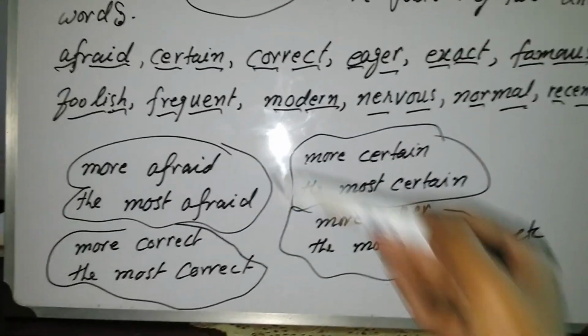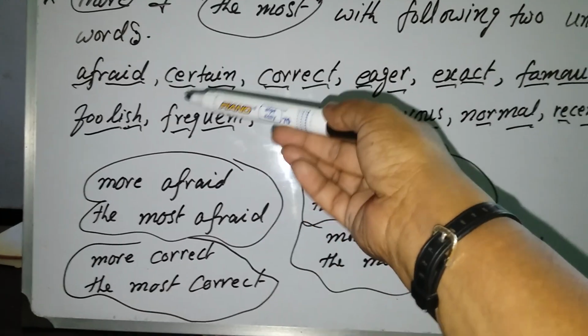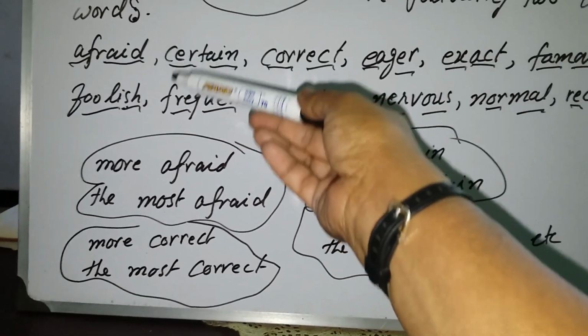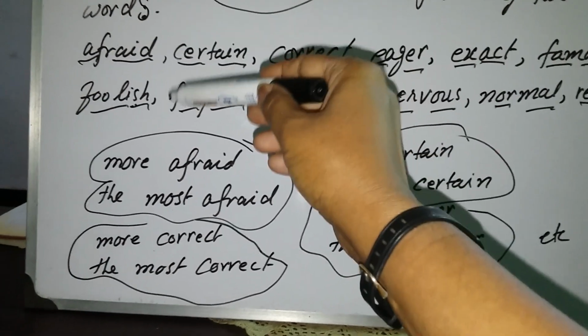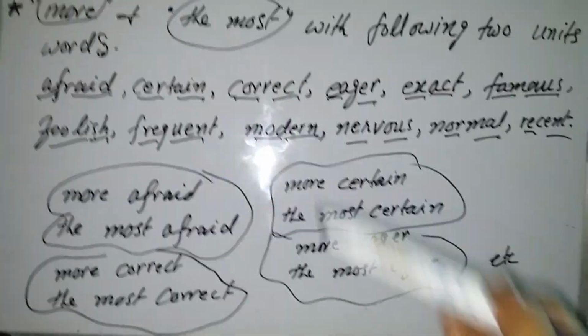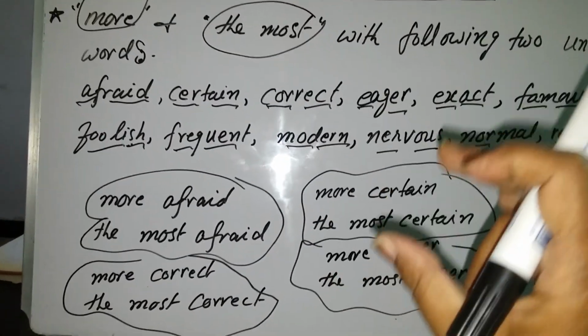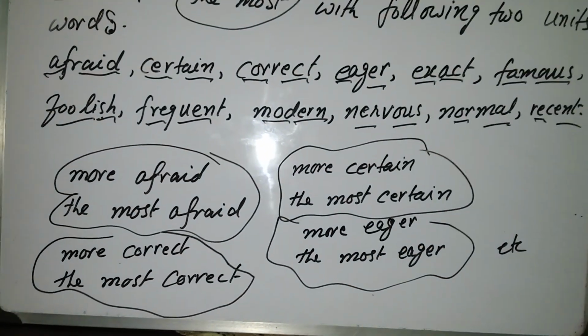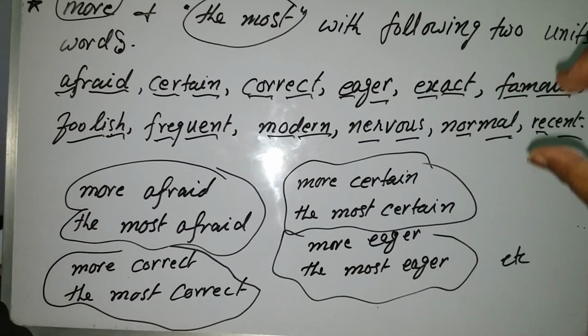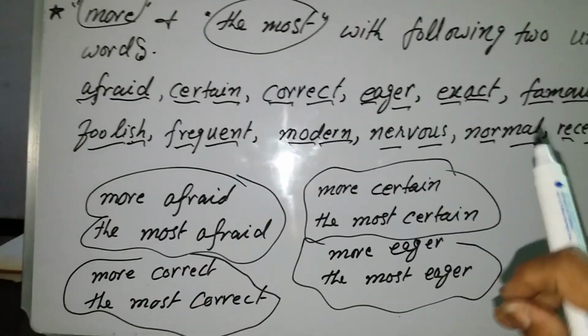You will never convert them by using ER and EST like afraid, afraider, afraidest. This will be wrong. This is the way of converting these particular words into second and third degree by using more and the most before them.